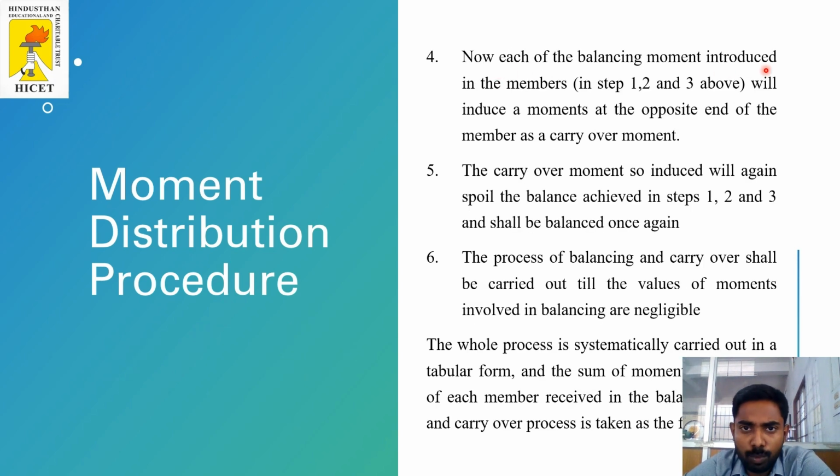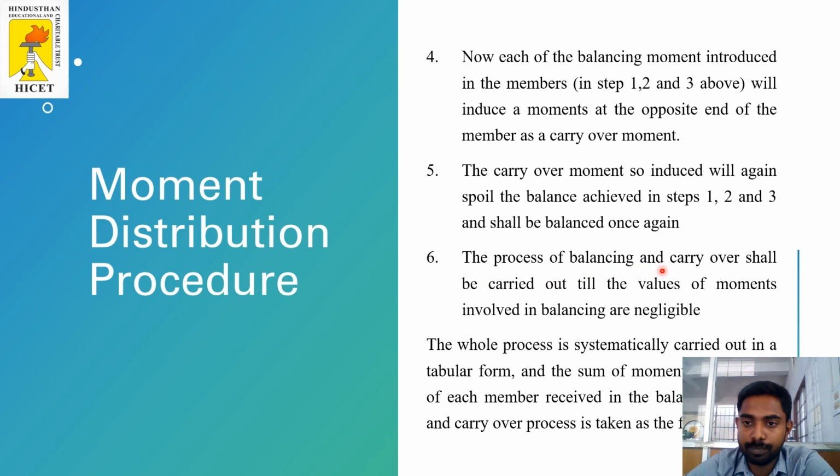Now each of the balancing moments introduced in the members, that is steps 1, 2 and 3 in the previous slide, will induce a moment at the opposite end. In the case of BA and AB that we have seen here, it induces a moment at A also, and this is a carryover moment. The carryover moment so induced will again spoil the balance achieved in steps 1, 2 and 3, and it needs to be balanced once again.